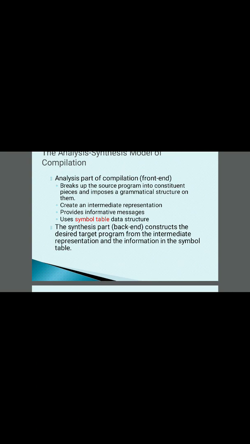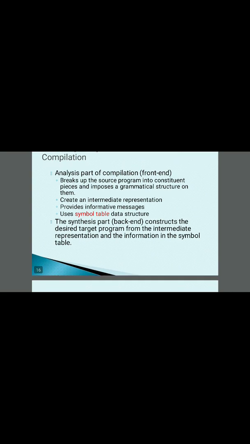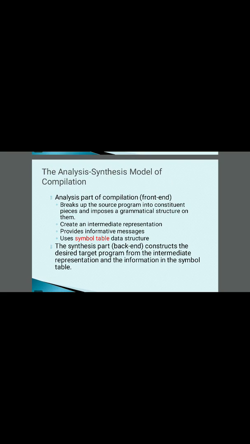These intermediate representations are an input to the second part, that is your synthesis part, and it will convert it, finally, according to whatever the target machine requires. And in all this process, again it's going to use the symbol table, either storing something into it, or accessing from it. So this is the analysis and synthesis model of compilation.